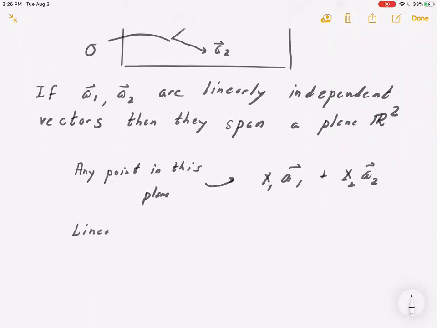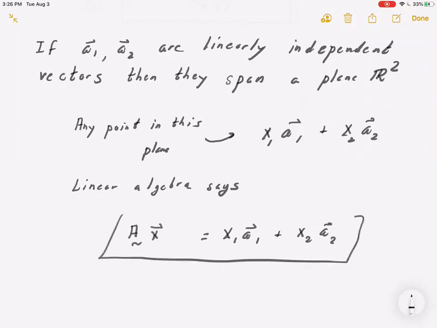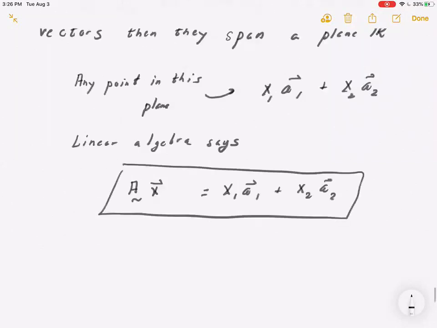Now, linear algebra also tells us something. We've looked at this before. Any point on this plane, which is a linear combination of these 2 vectors, a sub 1 and a sub 2, can be written as the matrix A times the vector X. So this thing on the left-hand side looks like matrix vector multiplication.